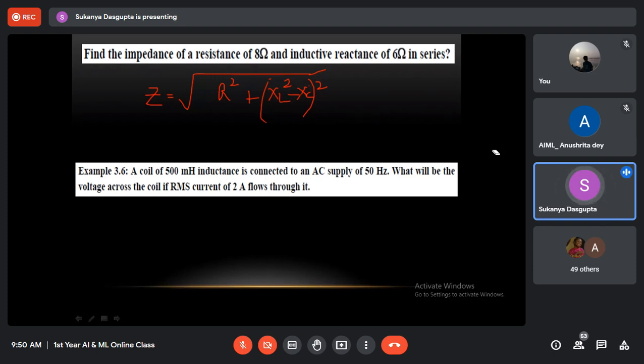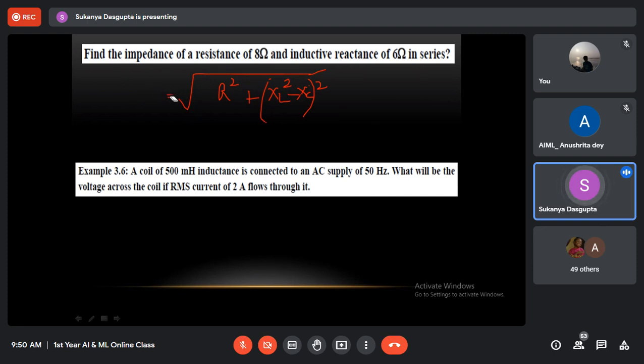Its value is 500 millihenry, and it is connected across an AC supply of 50 hertz. You have to find the RMS voltage as well as the peak voltage across that coil if RMS current is 2 ampere through it.